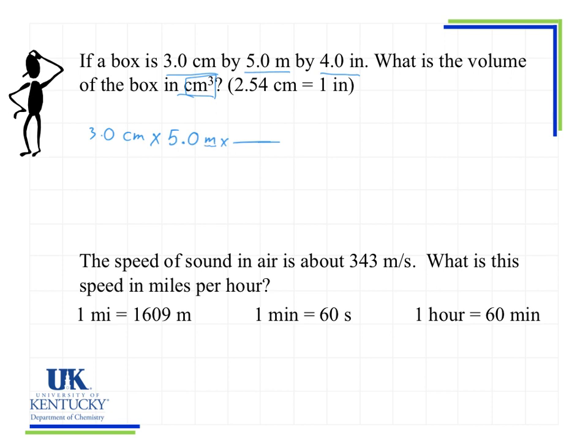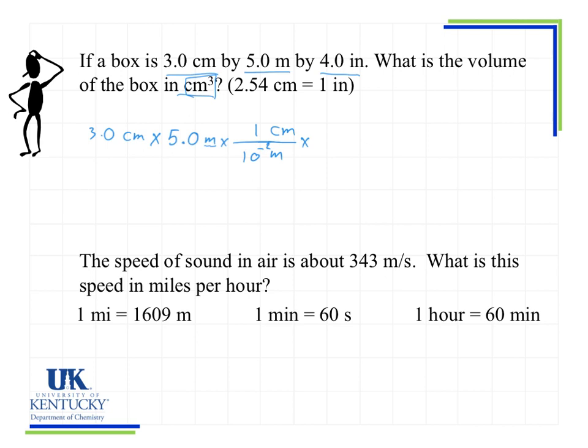First of all, we have meter here, so I have to put meter here to get rid of that, and I need centimeter. I know 1 centimeter is 10 to negative 2 meter, or 100 centimeter is 1 meter. Same. So that's our next one, our height, or maybe it's length.